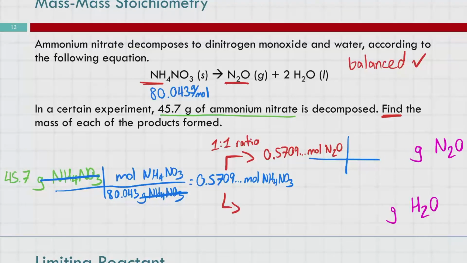What is our ratio between NH4NO3 and H2O? 1 to 2, in green. So 1 ammonium nitrate turns into 2 H2O.